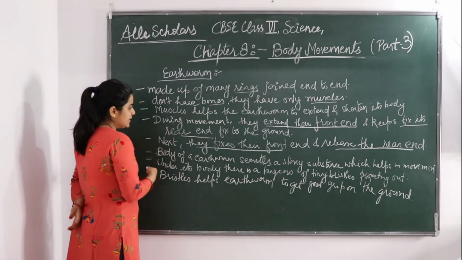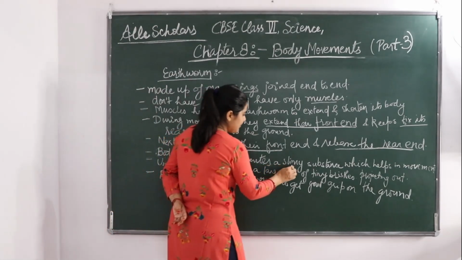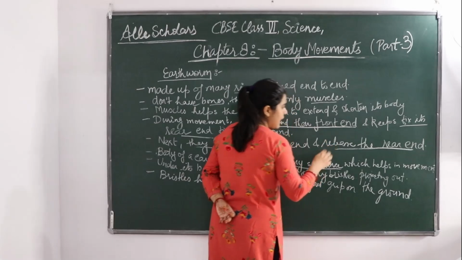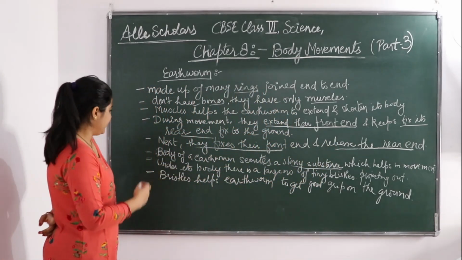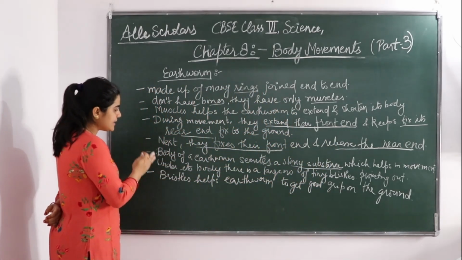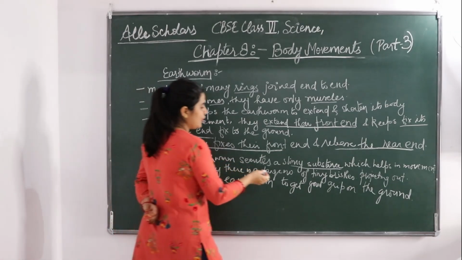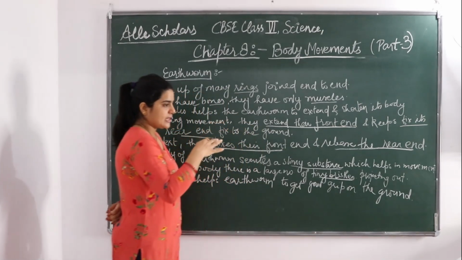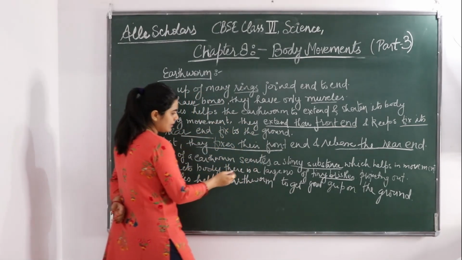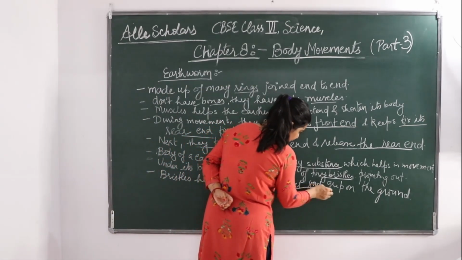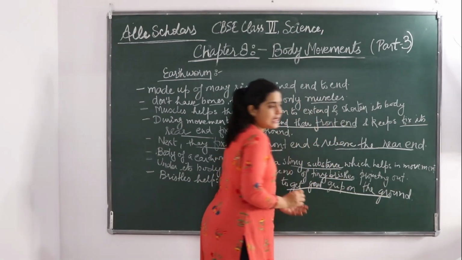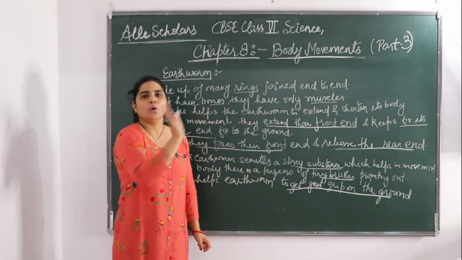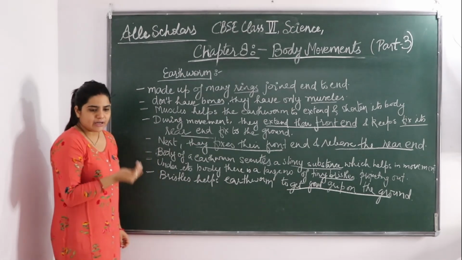These earthworms secrete a slimy substance which helps them in movement. Under its body there is a large number of tiny bristles, a hair-like structure projecting out, which helps the earthworm to get a good grip on the ground. That's why it is able to walk very smoothly on the ground.